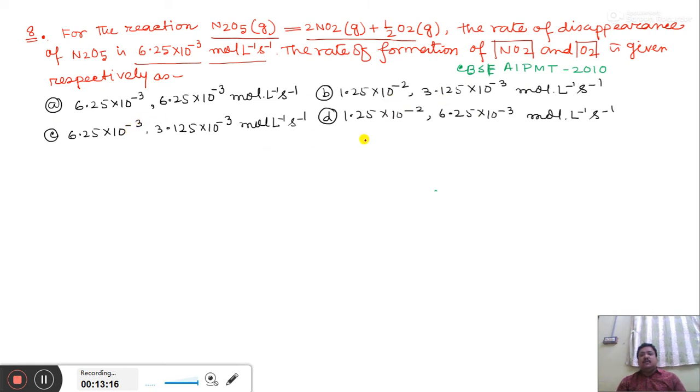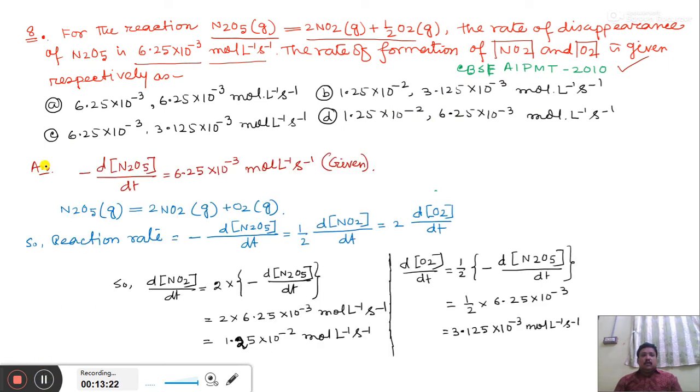There are 4 options given, and this question came in CBSE AIPMT 2010 exam. Now from the reaction rate, we can get the values of d[NO2]/dt as 1.25 into 10 to the minus 2 and d[O2]/dt as 3.125 into 10 to the minus 3. So option B is the right one.